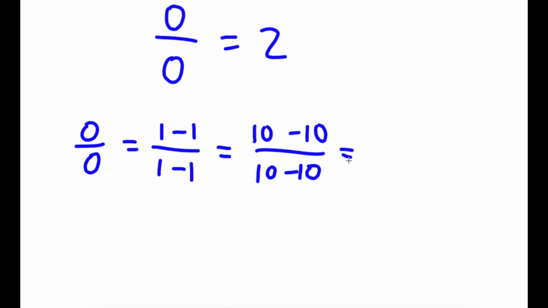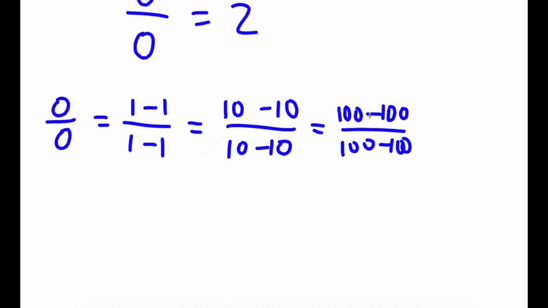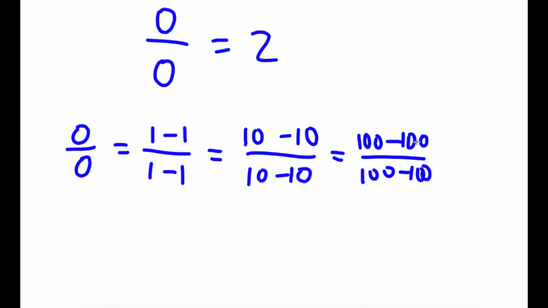Now 10 minus 10 over 10 minus 10, this is the same thing as 100 minus 100 over 100 minus 100. Again, 100 minus 100 is 0, so it's the same thing. Now I'm actually going to simplify 100 minus 100 over 100 minus 100.